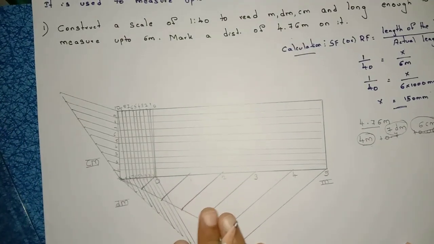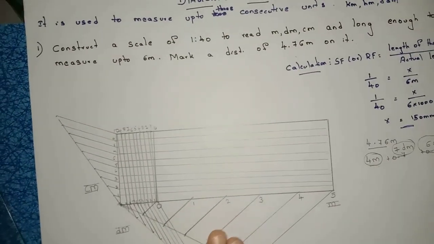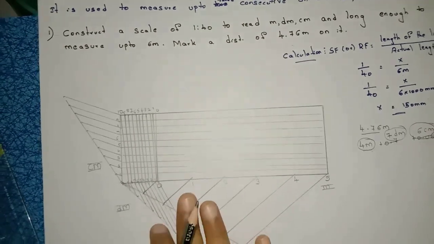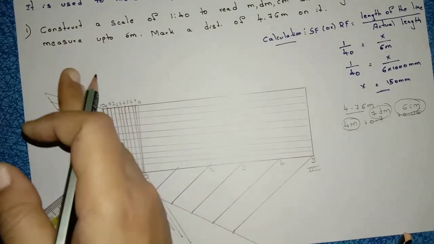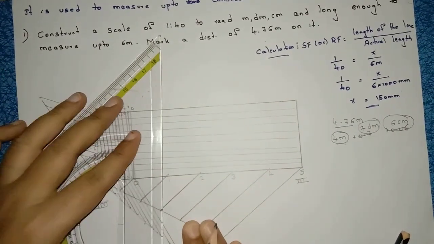The line should be in diagonal manner, not in a straight manner. Right? This is important. First mark the points, join 10 to 9, 9 to 8, 7 to 6 like that.